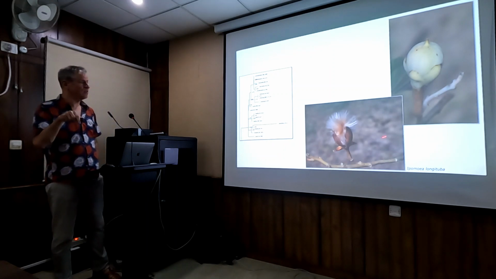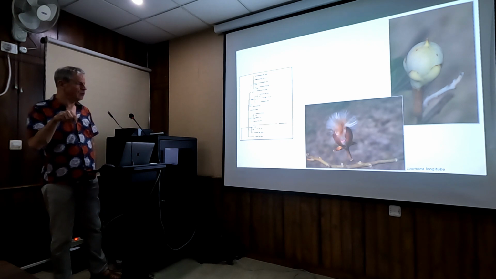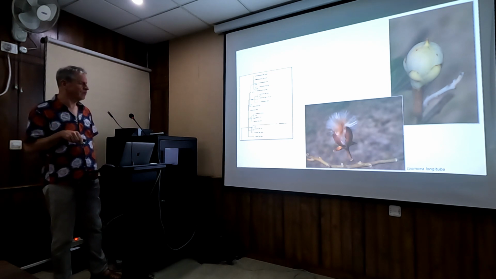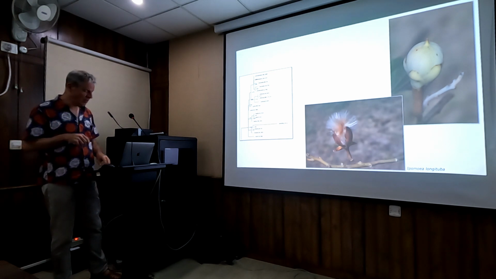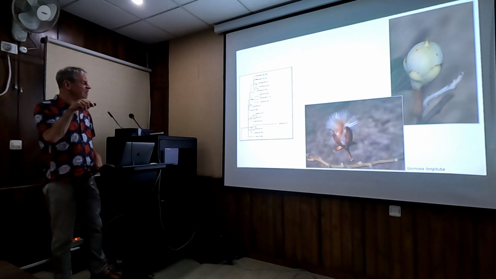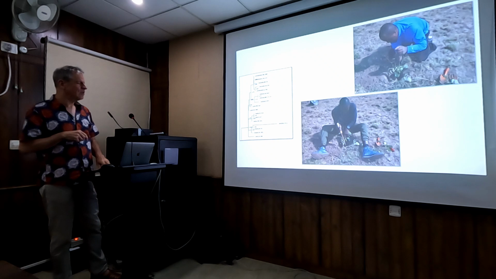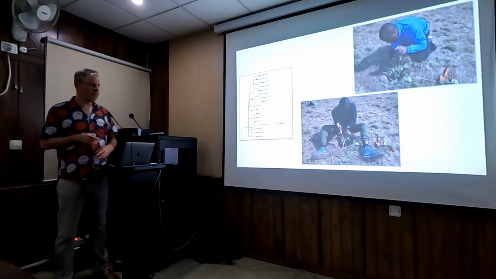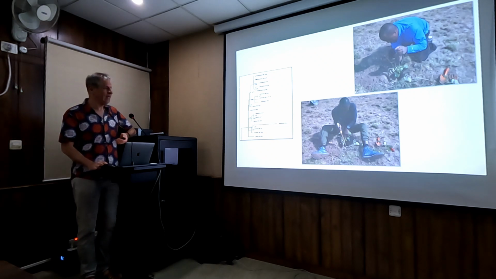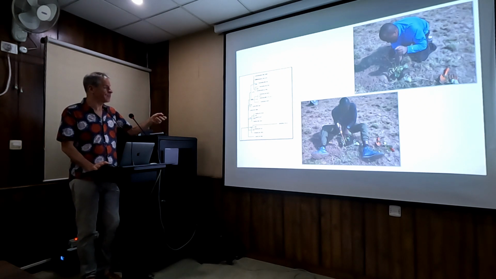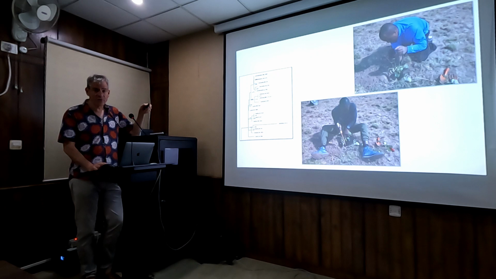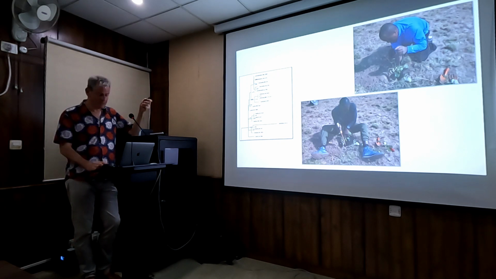So, this is a mature fruit and a young fruitlet of one of the species, Hypoxis longifolia. So longifolia is sitting here in this clade, and these are some pictures from last year in Kenya.